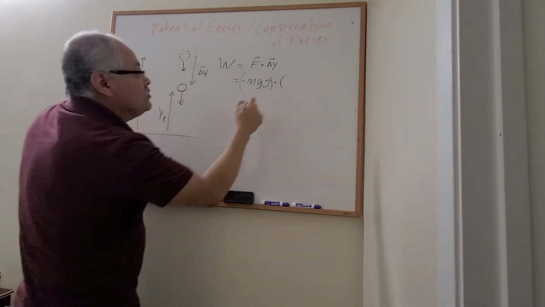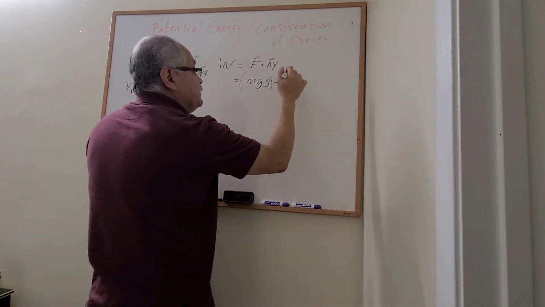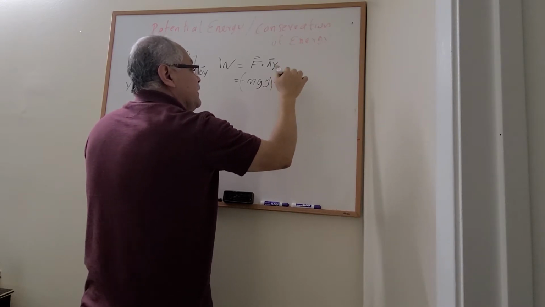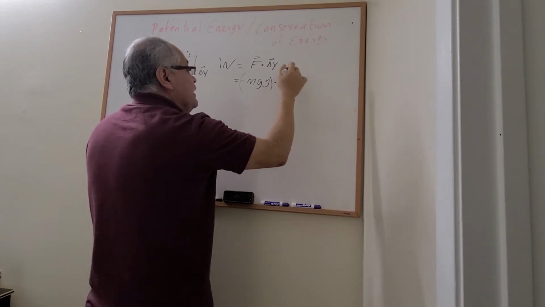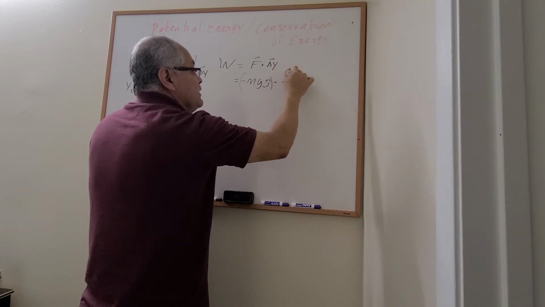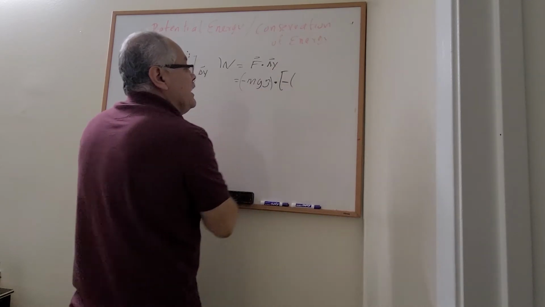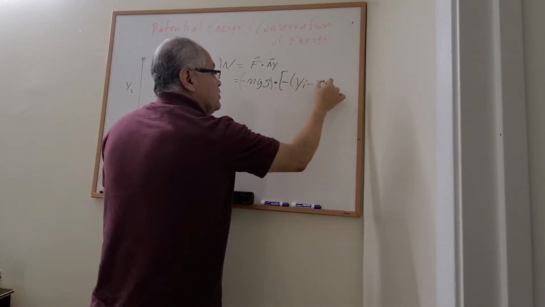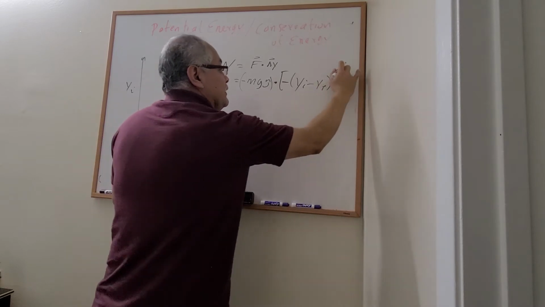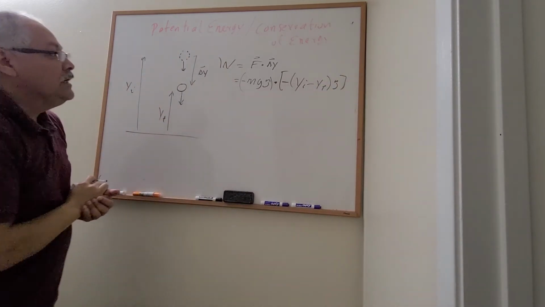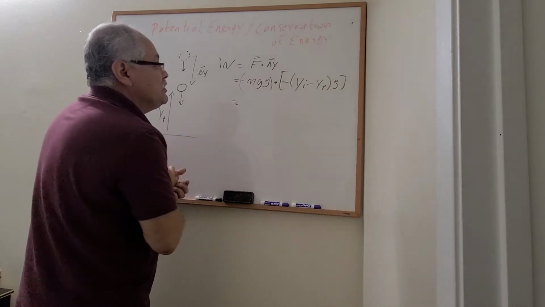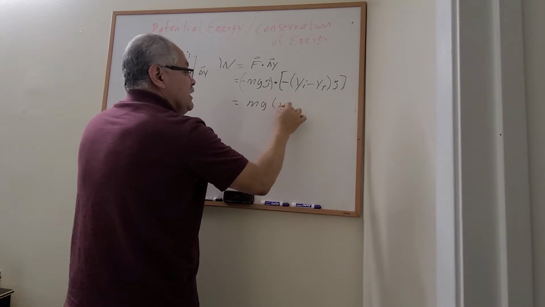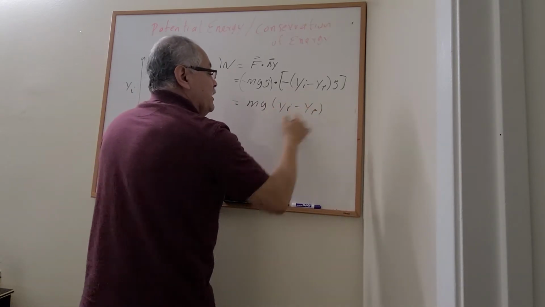Displacement is going to be negative, it goes down, so it's negative. So the product is going to be mg times initial position minus final position.